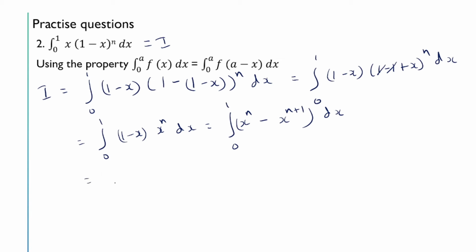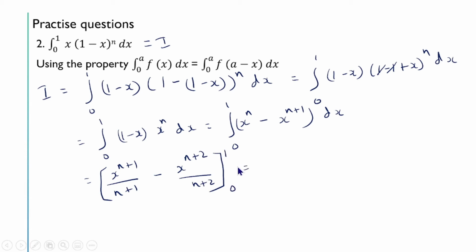We can use the standard integrals. Integral x raised to n dx is x raised to n plus 1 by n plus 1. Then minus integral x raised to n plus 1 is x raised to n plus 1 plus 1, so it is x raised to n plus 2 by n plus 2, with the limits 0 to 1.